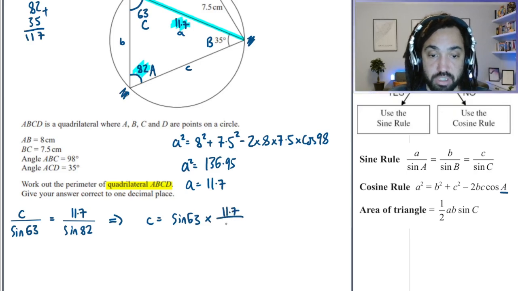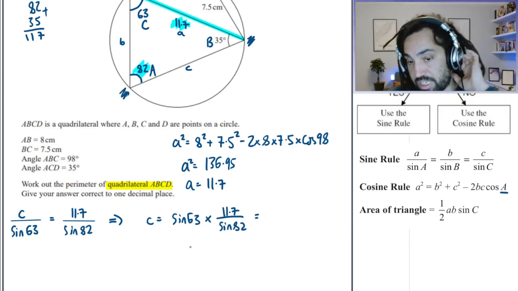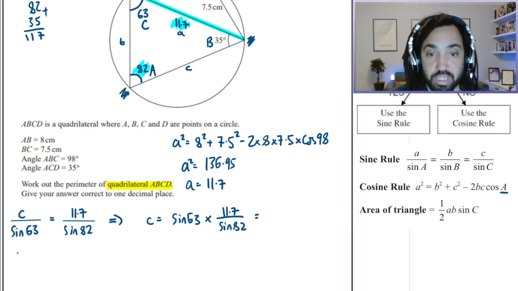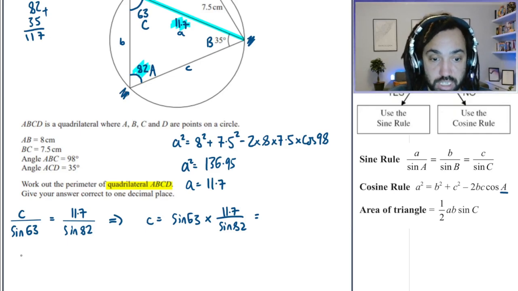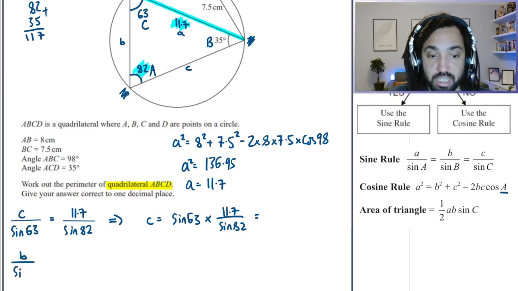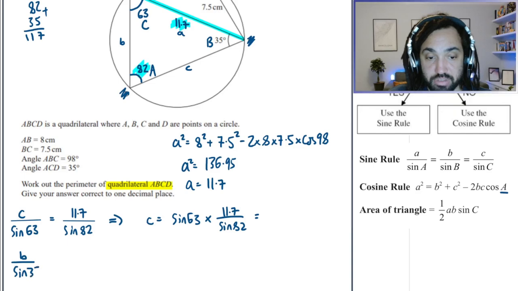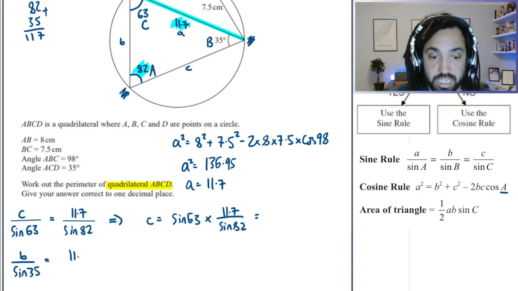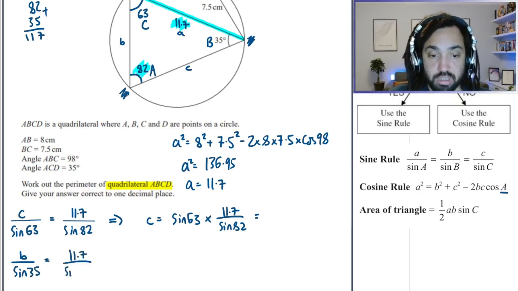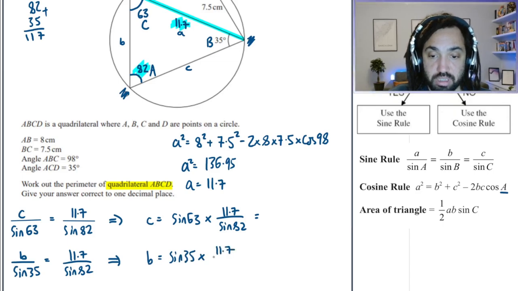Okay, so we can calculate that, and then we can also do the same to work out little b. So little b over sine of capital B, which is 35, is equal to, again, the pair that we know, like so, and then we can multiply through by sine 35 this time, like so, and that will give us our value for little b.